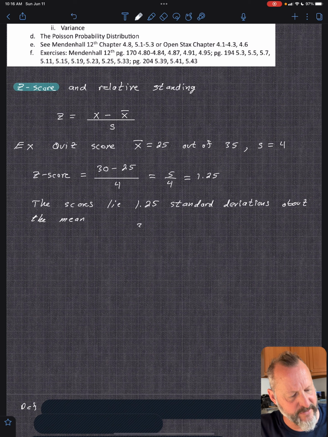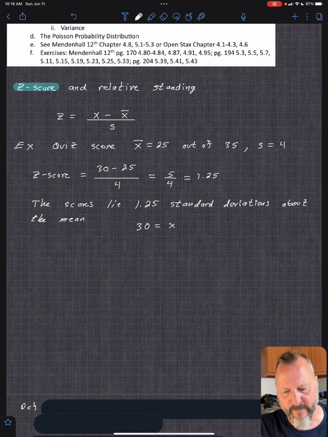So 30 is equal to x bar plus 1.25 times s.